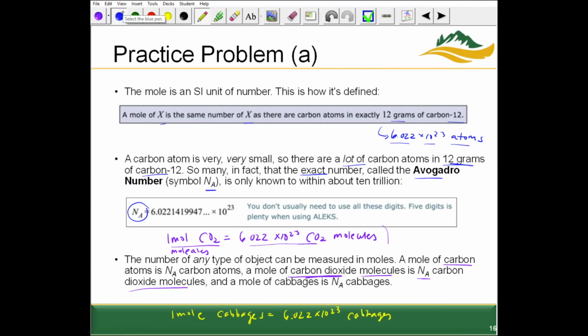Remember, we can apply this to atoms, molecules, compounds, eggs, shoes, whatever else we want to apply it to. So 1 mole of cabbages is equal to 6.022 times 10 to the 23rd cabbages.